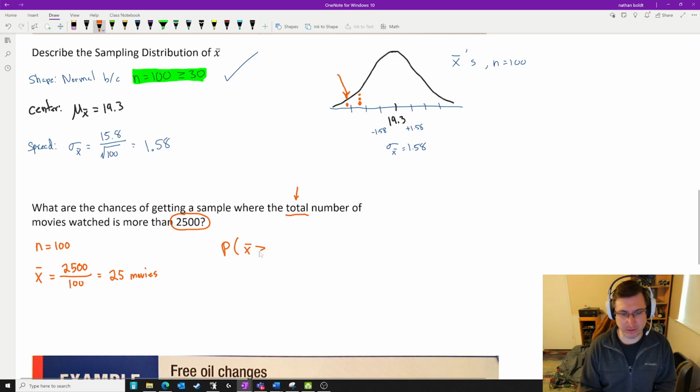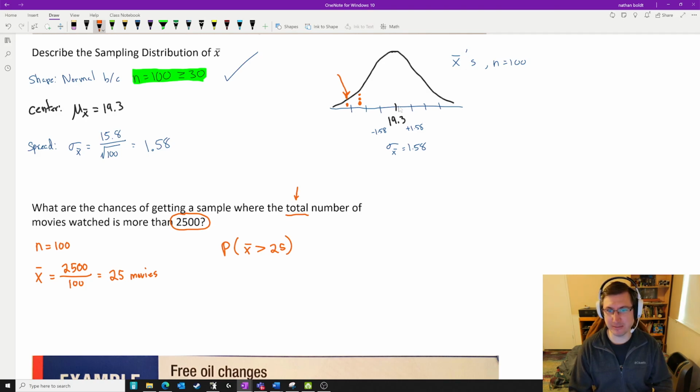All right, greater than 25. Well, not X bar. X bar is only 25, but that will give us 2,500 movies watched. So, well, that's just going to be a normal CDF, right? We got 19.3 as our center. 25 is somewhere out here, I guess. And then shade that in.